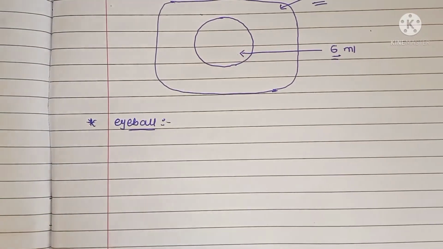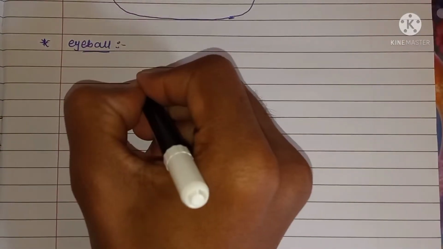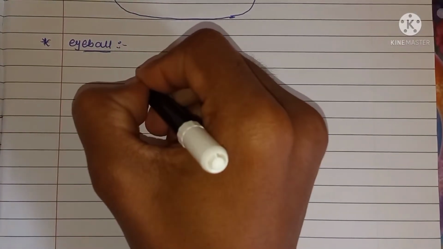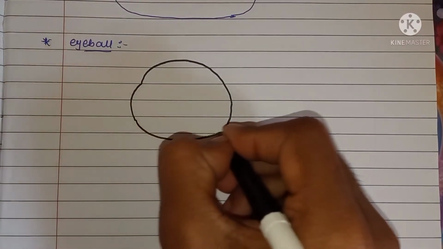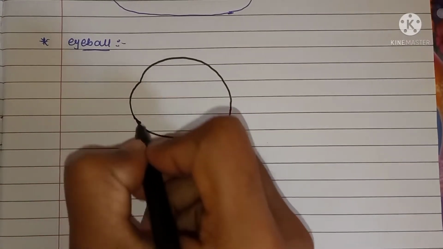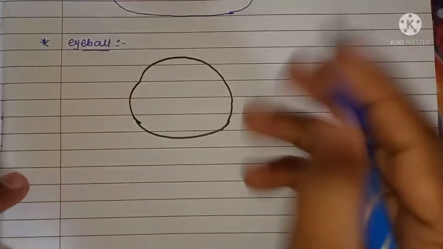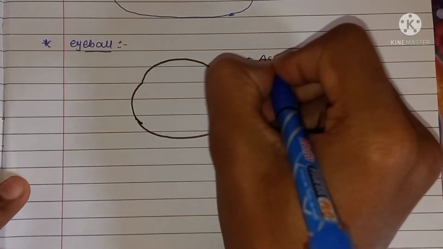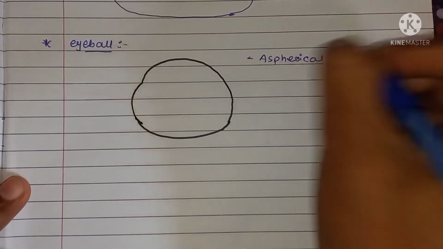Now I am drawing an eyeball. So the eyeball is something like this. As you can see, this is not spherical, rather it is aspherical in shape.